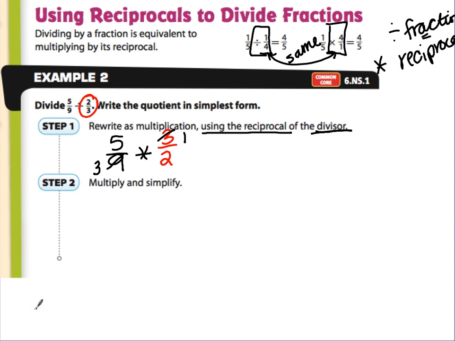Now I get 5/3 times 1/2. I multiply straight across, and I get 5/6. So what that tells me is that 5/9 divided by 2/3 is actually 5/6.